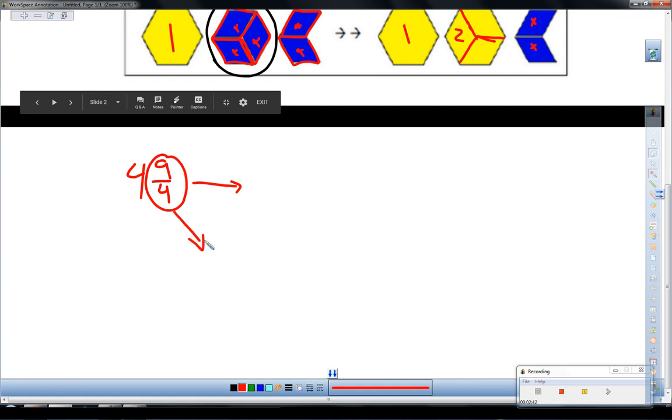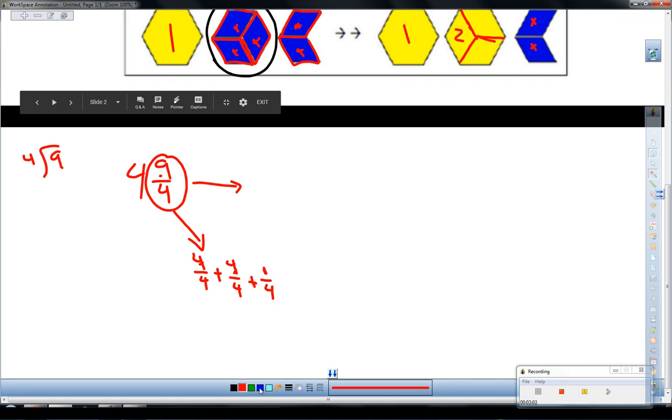How many groups of 4 are in 9? You're basically doing 9 divided by 4. In this one alone, I could make 4/4, 4/4, and 1/4, because 4 plus 4 plus 1 gives me my 9/4.